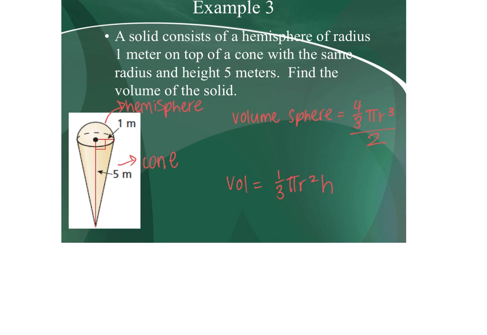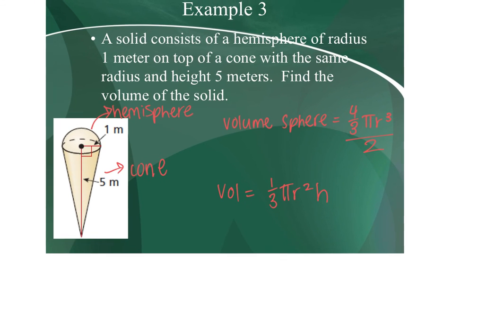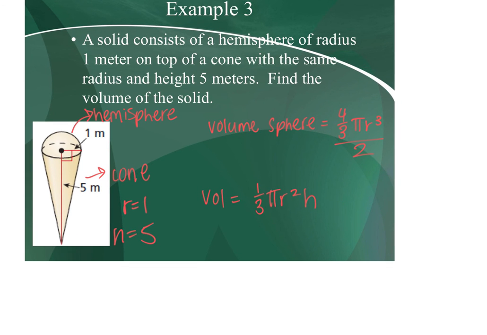Okay? All right. So, what's the radius of both the cone and the hemisphere? It's 1. So r is equal to 1. What does that 5 represent? That's the height of the cone, right? So h equals 5, all right? And we have everything to solve, okay? So let's find the volume of the hemisphere first.